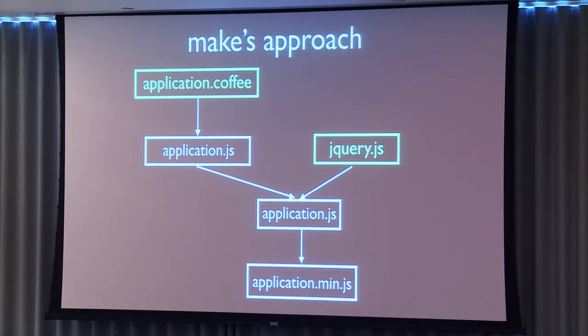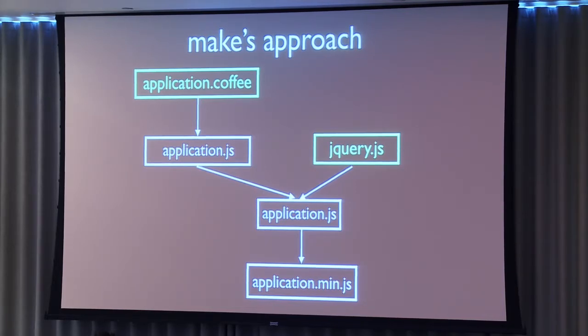And that file in turn comes out of a concatenator, which requires jQuery. And we need to know that if jQuery changes, we need to rebuild application.js as well. And actually, application.js doesn't directly come from the file system, but we have a .coffee file, which needs to rebuild into application.js whenever it changes.